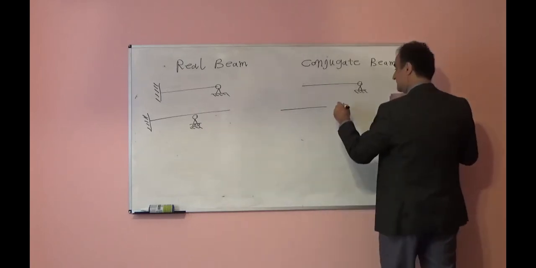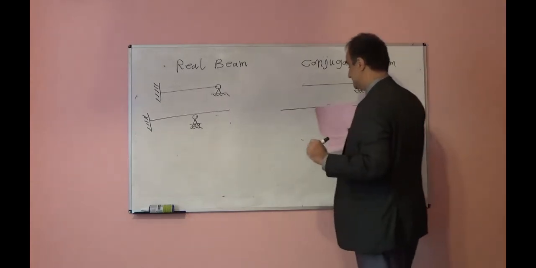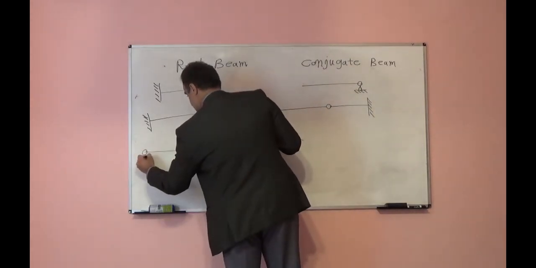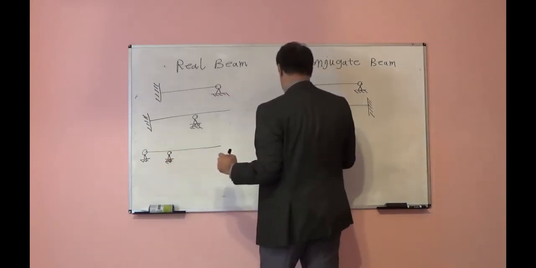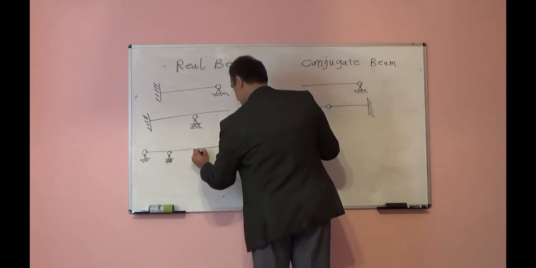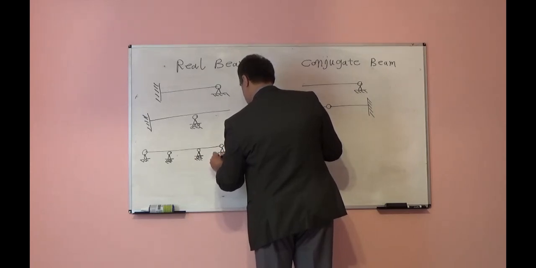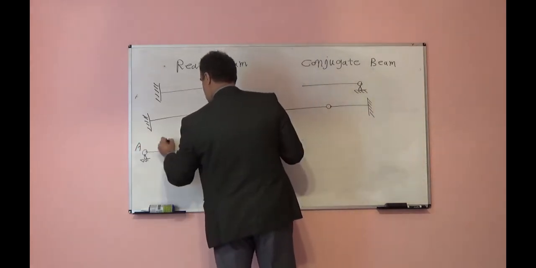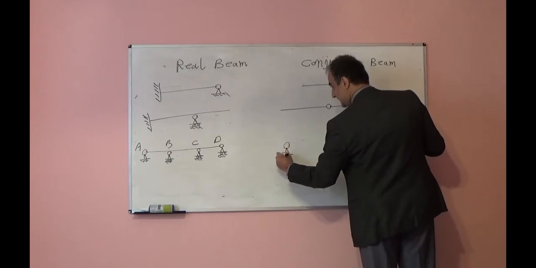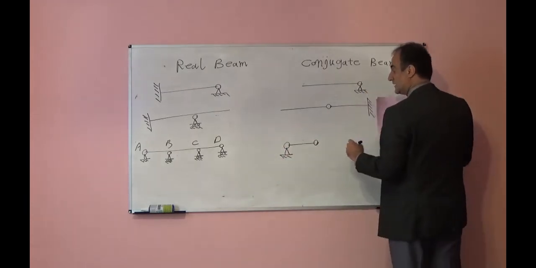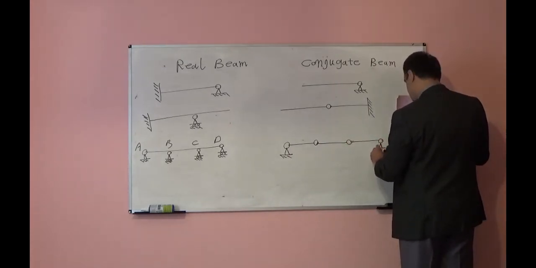Internal roller will be here, an internal hinge, free to fixed. So A, B, C, D. A will remain the same. B will be an internal hinge. C will be an internal hinge. D will remain the same.